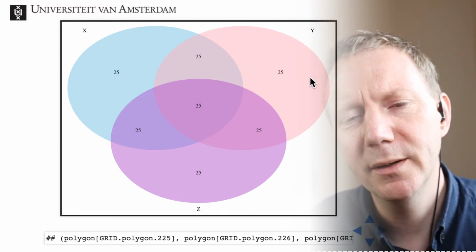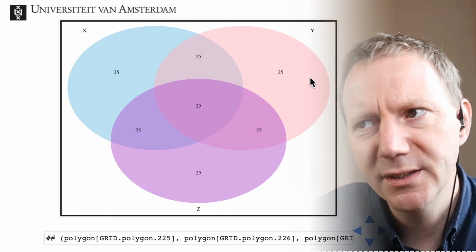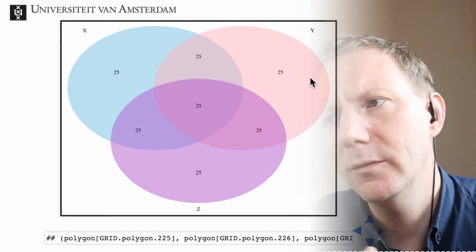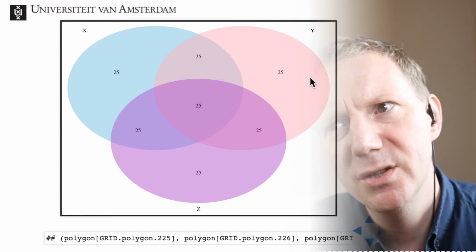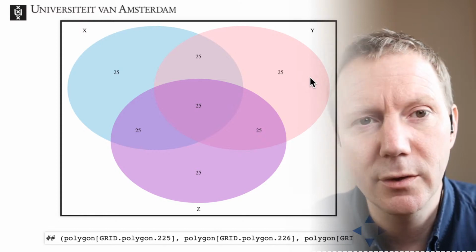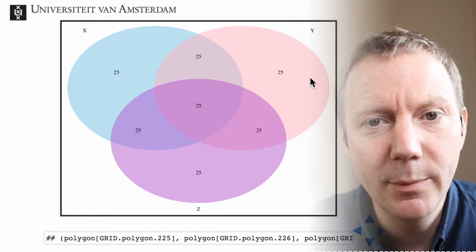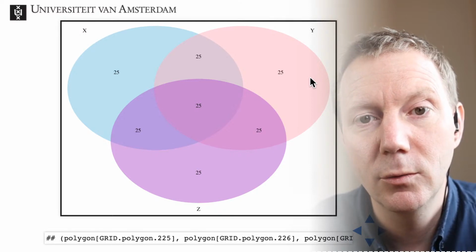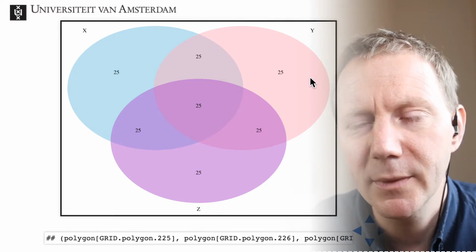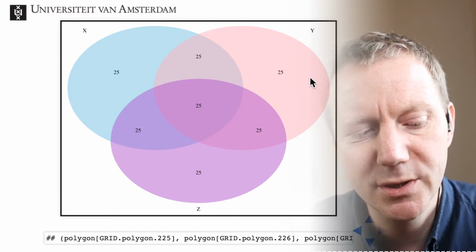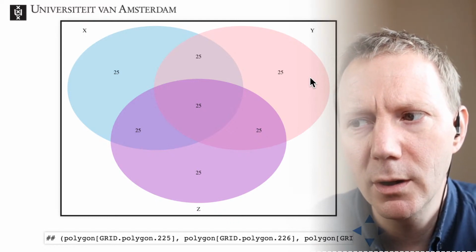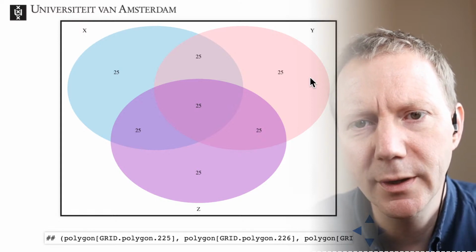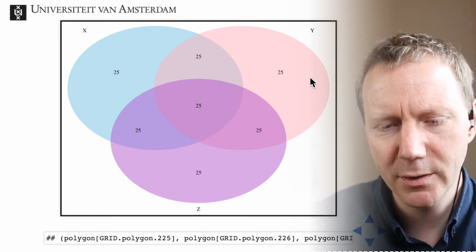Now the difference with the analysis of covariance is that, first off, our independent variables were categorical, whereas when we use the partial correlation, we're looking at continuous variables. So that's one difference.